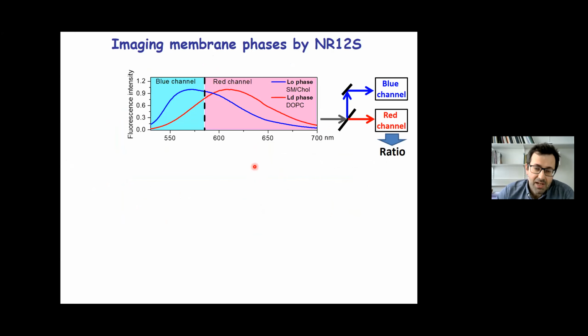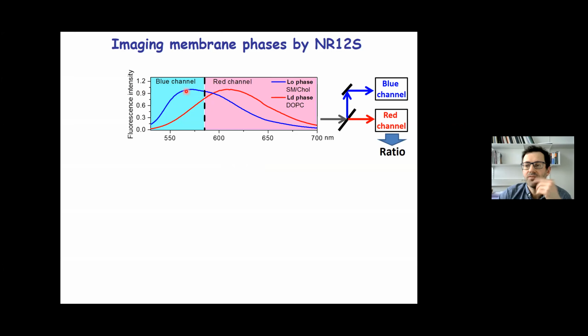Okay. So now we go to imaging, and as the molecule changes the color upon the phases, you can see it upon phase change. For example, if you compare a liquid ordered phase composed of sphingomyelin and cholesterol versus DOPC, which is liquid disordered phase, you have a strong blue shift in the ordered phase, like 50 nanometers or something.